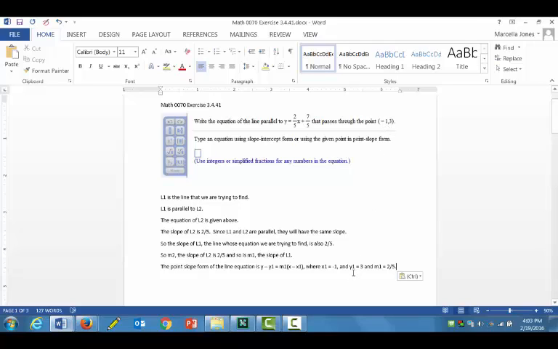M1 is the slope of this line, which is 2/5.